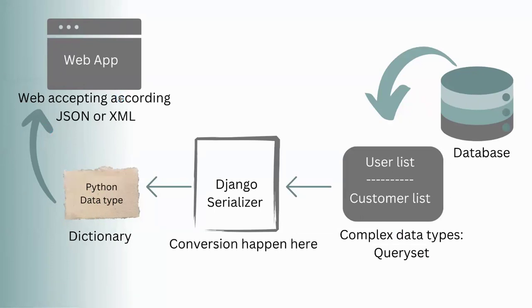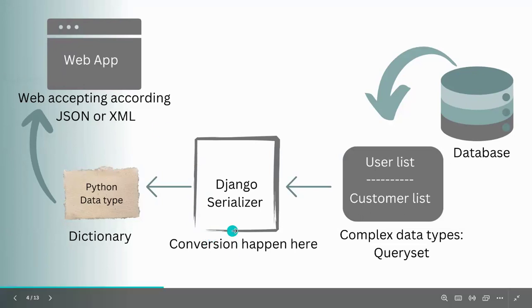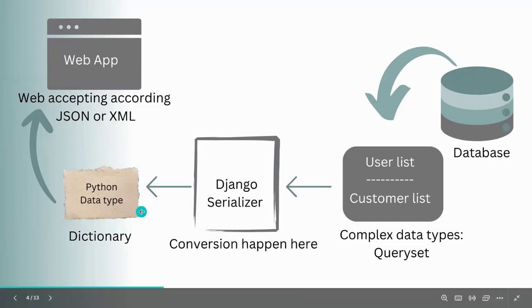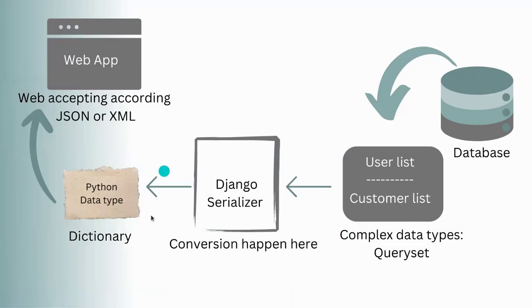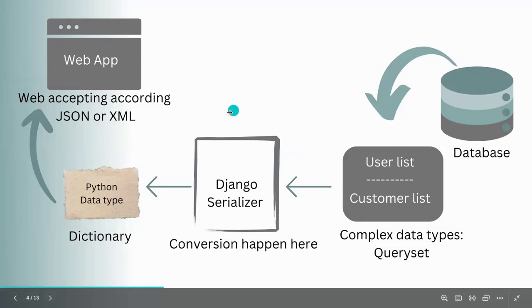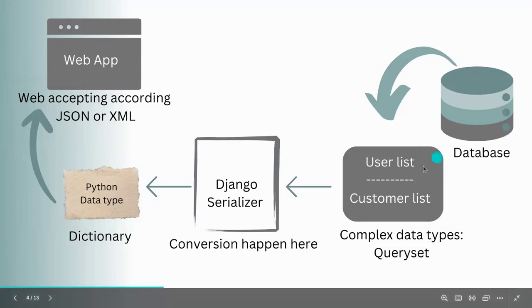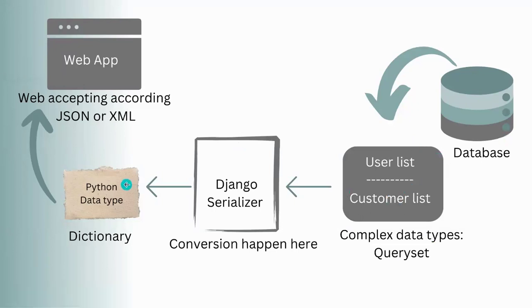So Django serializer converts the query sets to a dictionary, and here comes the importance of Django serializer. It mainly converts the data coming from the database to a Python data type.